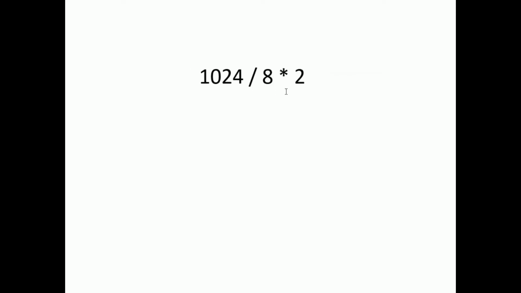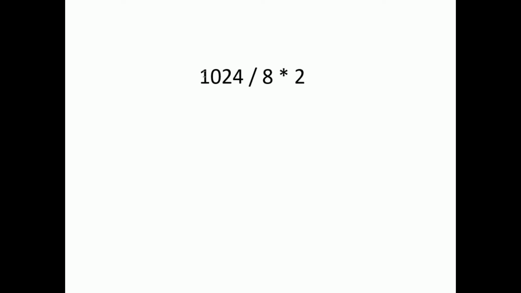Now we have 1024 divided by 8 multiplied by 2. We now have two operators, division and multiplication, and they have the same level of precedence. We compute them left to right in the expression.